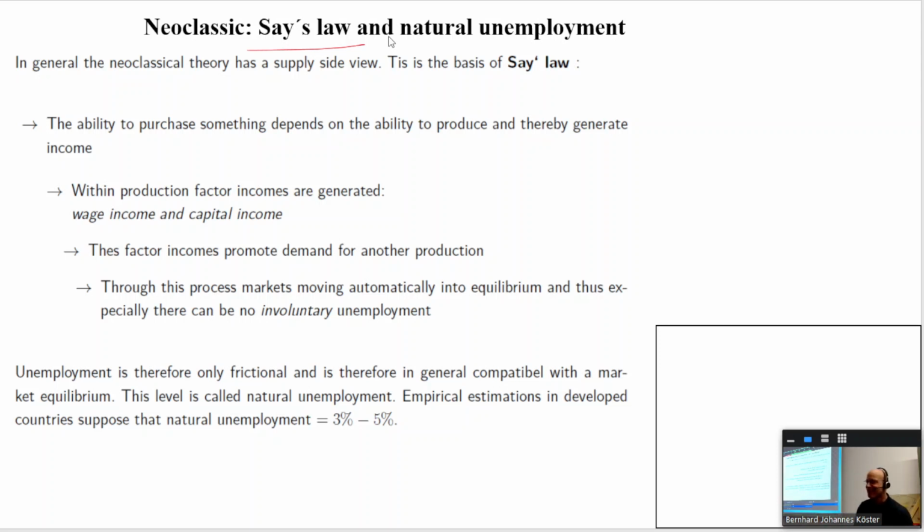And all our free people can just choose, do I want to work if the average wage is 15 euros per hour or something like this? Well, it's a bit higher in Germany, but think of this. And then you can choose by yourself, do I want to work for this wage or not? If you are not working, of course, you are unemployed, but this is your free choice.